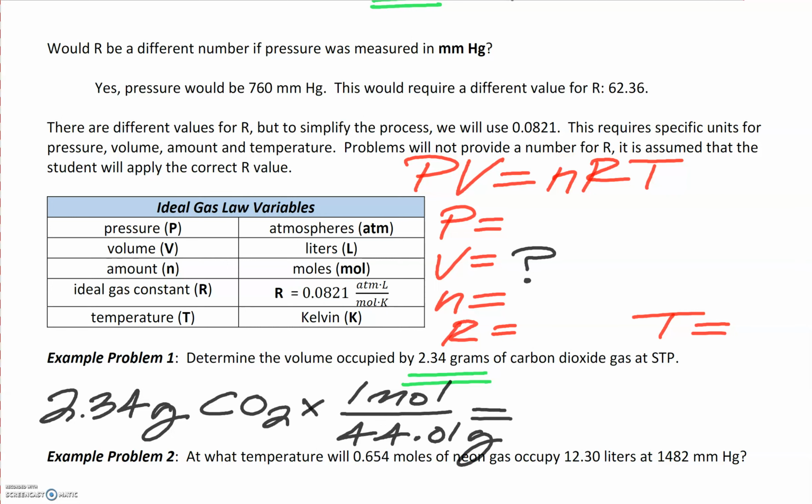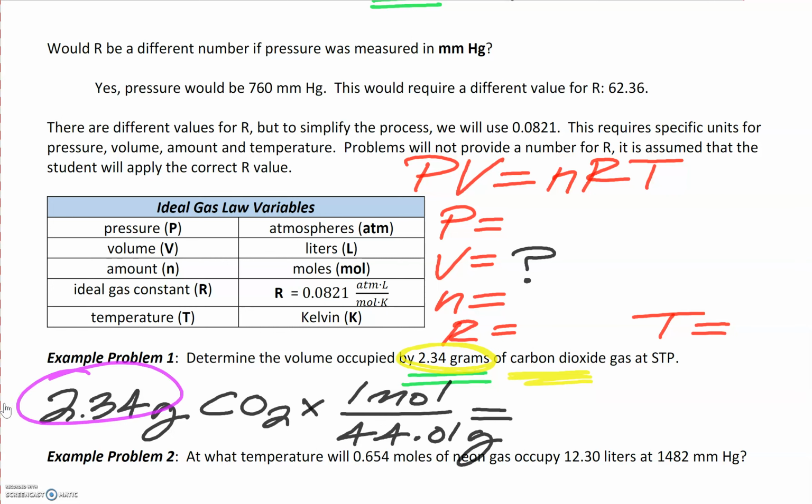And that's how you're going to get moles. Again, grams are not moles, but you have the ability to convert grams into moles if you have the formula, which you do.